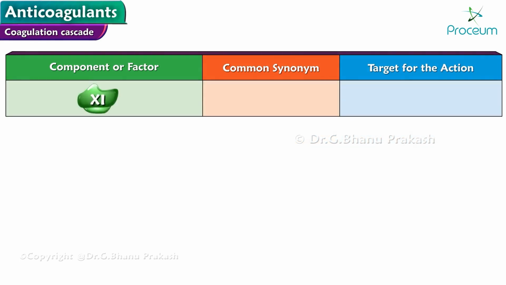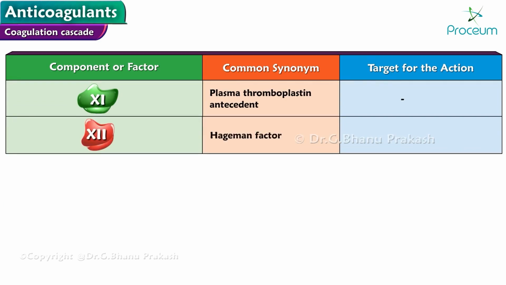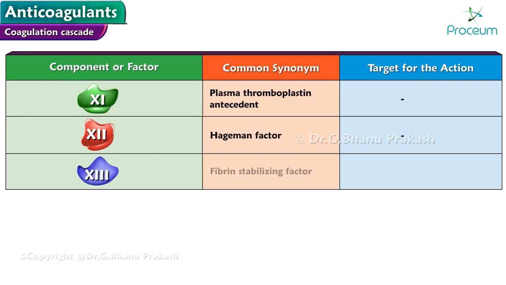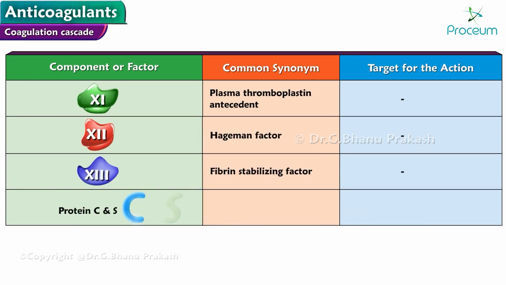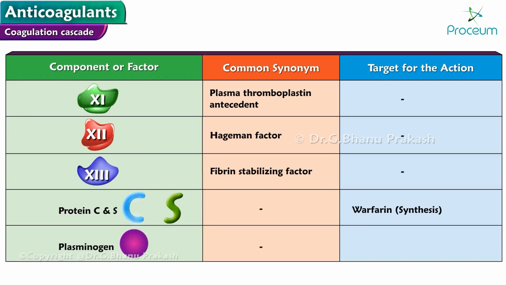Factor 11, plasma thromboplastin antecedent, Factor 12, Hageman factor, and Factor 13, fibrin stabilizing factor, have no target. Protein C and S are targets for the action of warfarin synthesis. And lastly, plasminogen is a target for the action of thrombolytic enzymes and aminocaproic acid.